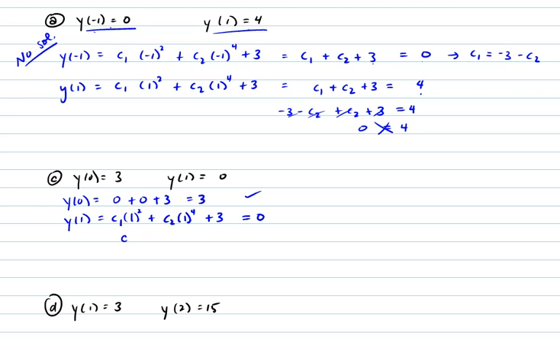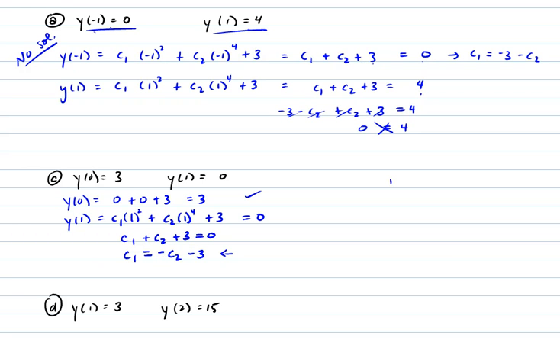And then I have C1 plus C2 plus 3 equals 0, or C1 is equal to minus C2 minus 3. Since this is the only condition that needs to work, this works for any numbers that satisfy that.